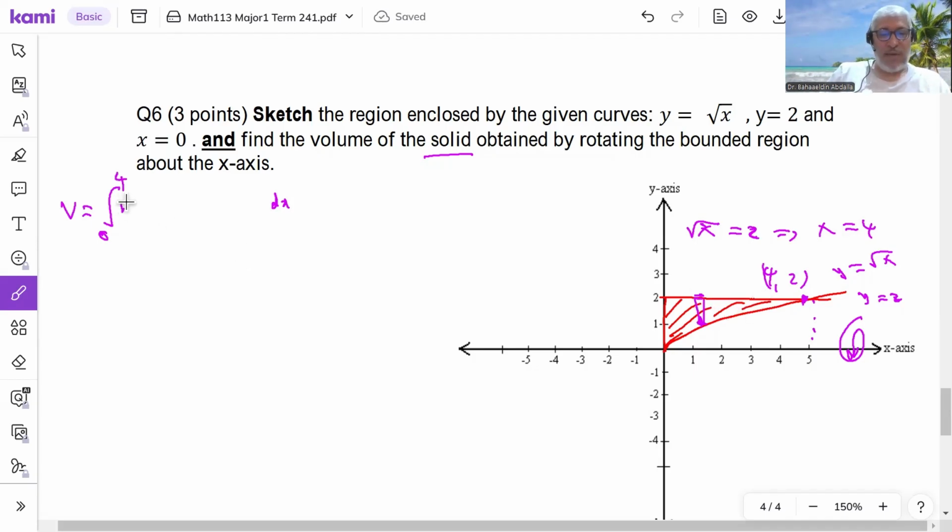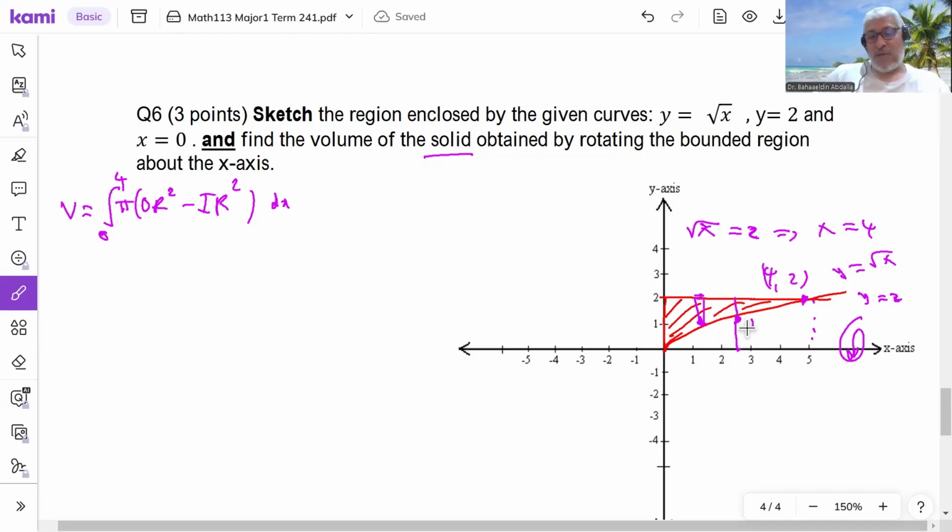then pi, the outer radius squared minus the inner radius squared. This is the formula of the washer. Where is the outer radius? For the outer radius, you start moving from the axis of rotation up because the graph is up. You pass by two curves.